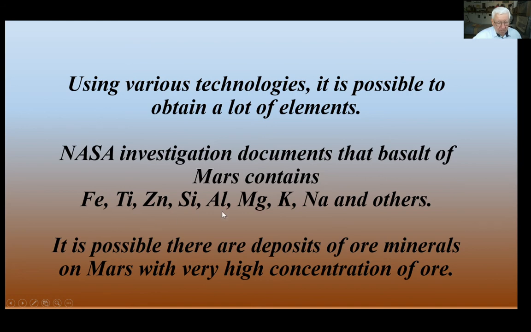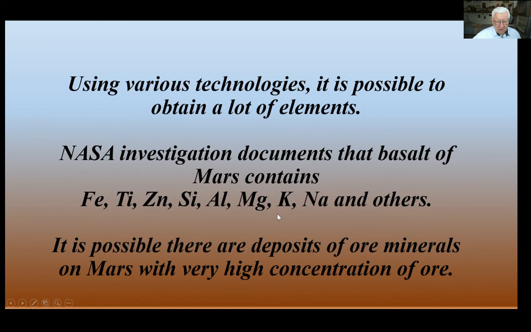So it's very possible that on Mars there are deposits of iron and other ore minerals, so special concentrations, because documentation done up to now shows that these minerals are present in rocks in dispersed form as admixture of iron and other minerals.